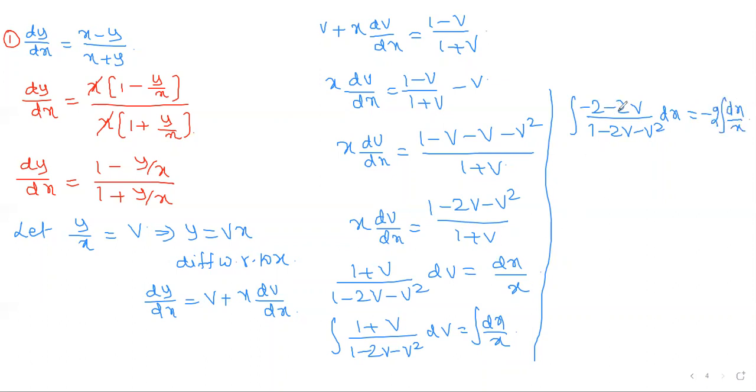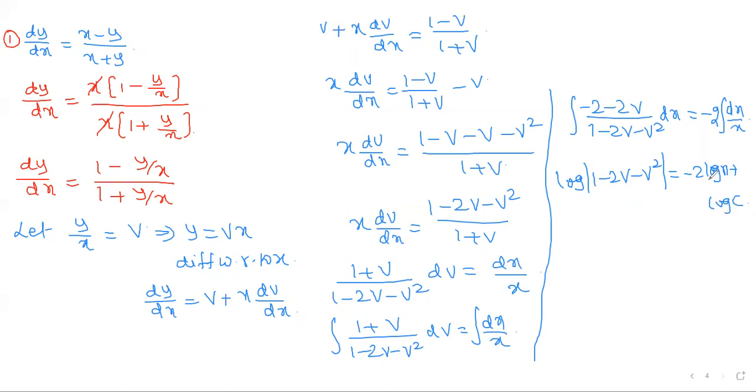Now it is in the form of f dash of x by f of x. f dash of x by f of x means log of f of x. So log of (1 minus 2v minus v square) is equal to minus 2 log x plus log c.